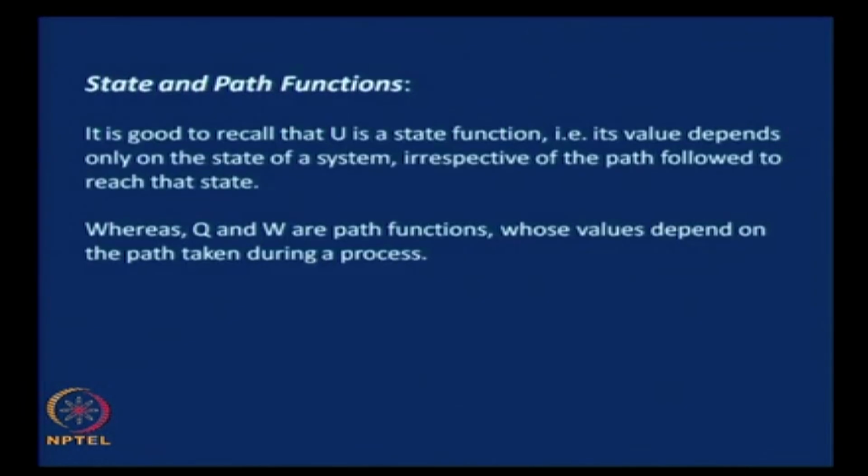We also need to understand what state and path functions are very clearly. You would have learnt that the internal energy is a state function. In other words, its value depends only on the state of the system, irrespective of the path followed to reach that state.